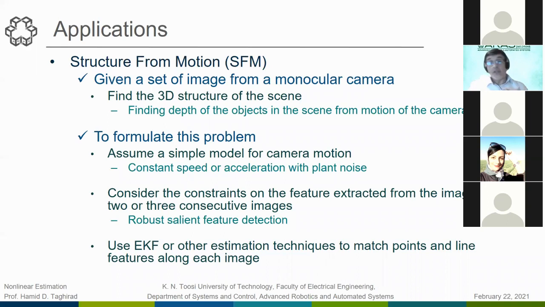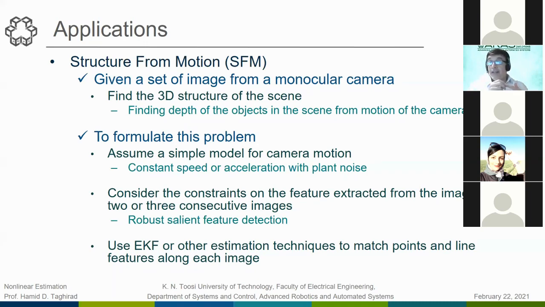The extended Kalman filter, of course, is for nonlinear cases, an extension of it. I just said a few words about Kalman-Bucy, a few words about the extended Kalman filter, and very little about high gain. There are a number of other nonlinear observers there.